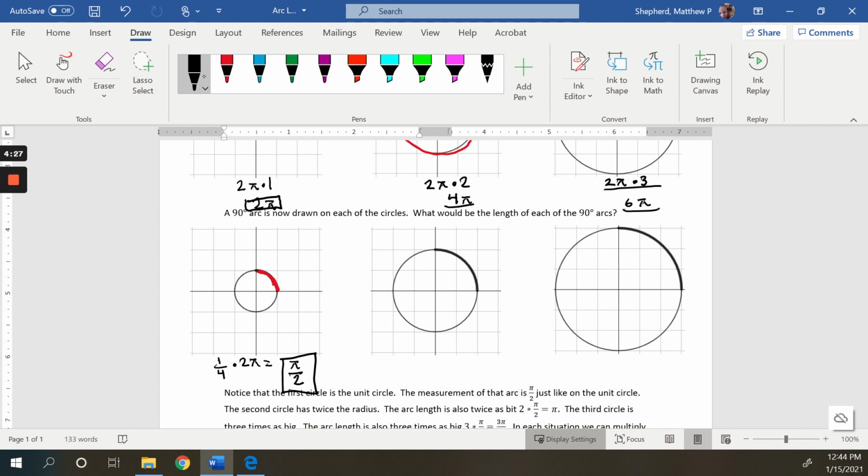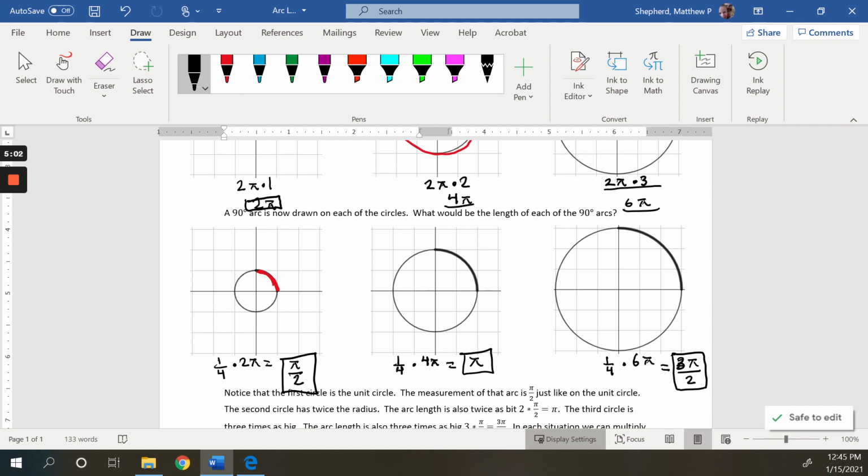Over here, 1/4 of the 4 pi that one had would just give me pi. And then 1/4 of the 6 pi that the other one had would be 3 pi halves.